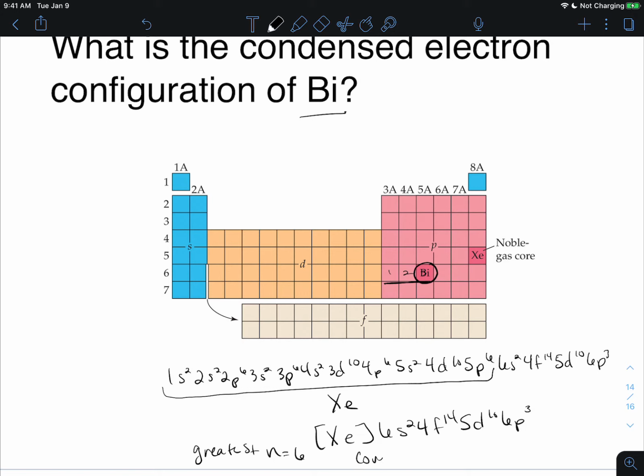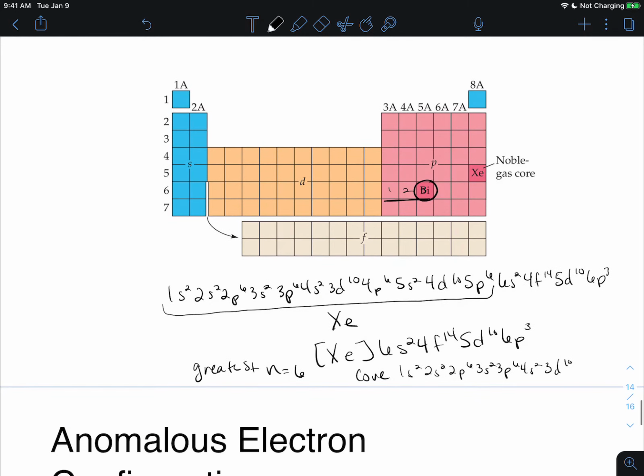So our core electrons are going to be 1s2, 2s2, 2p6, 3s2, 3p6, 4s2, 3d10, 4p6, 5s2, 4d10, 5p6, 4f14, 5d10.